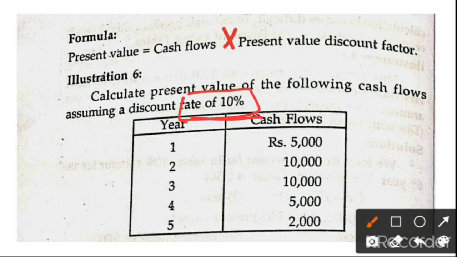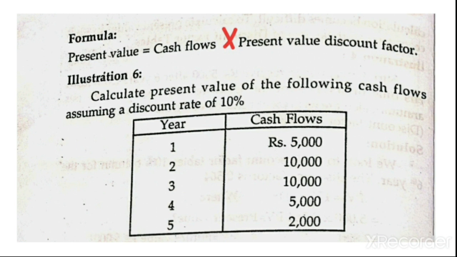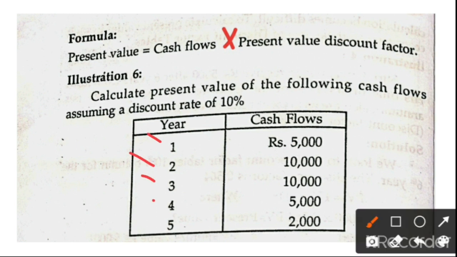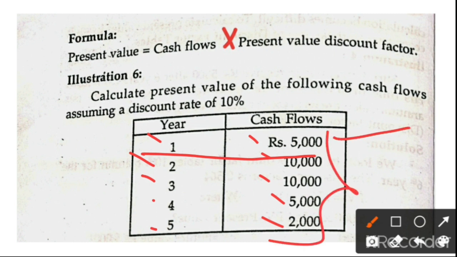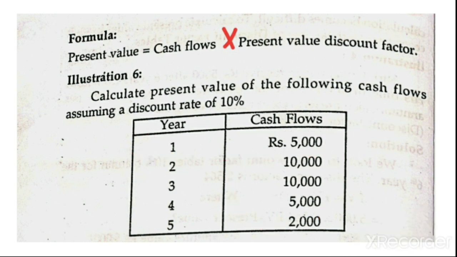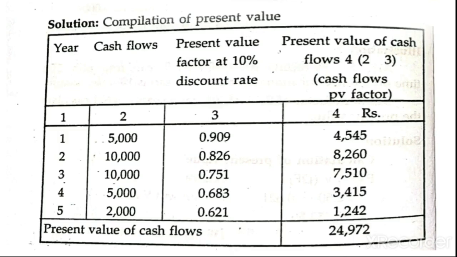They are given different year series information: 1 year, 2 year, 3 year, 4 year, 5th year, and cash flows 5000, 10,000, 10,000, 5,000, and 2,000. After 1 year he is going to receive 5,000. We don't know the present value of this 5,000, and we don't know the total present value. Let us start with the solution.